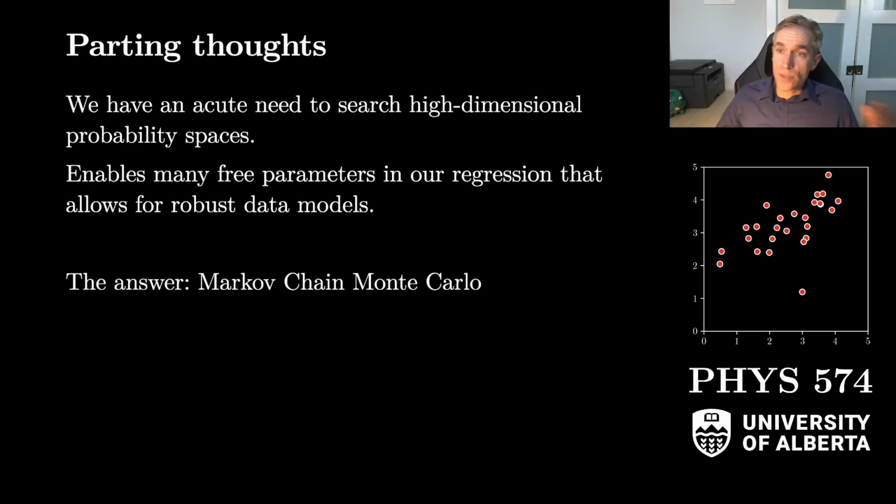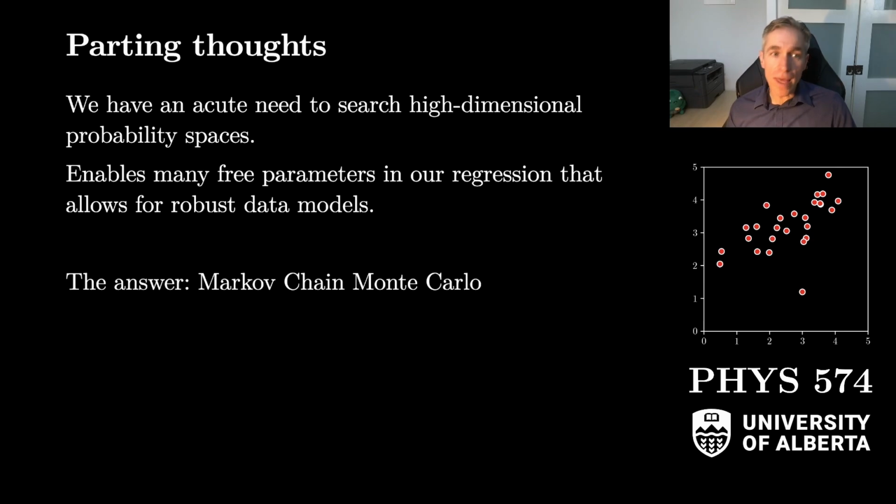But again, I stress that the gold standard is to do this full data model and to be able to integrate over all of these nuisance parameters to determine your final set. So we are in acute need of an ability to map out and integrate over high dimensional probability spaces.